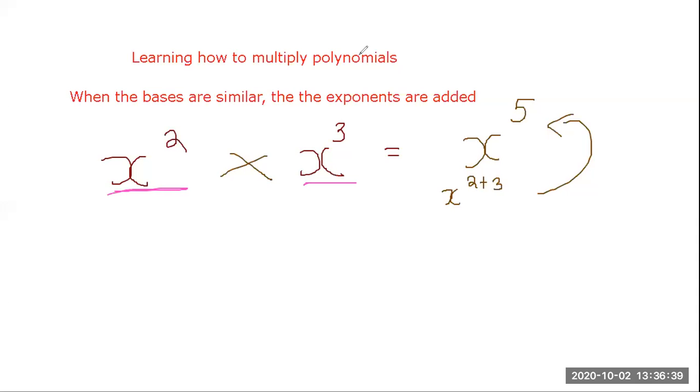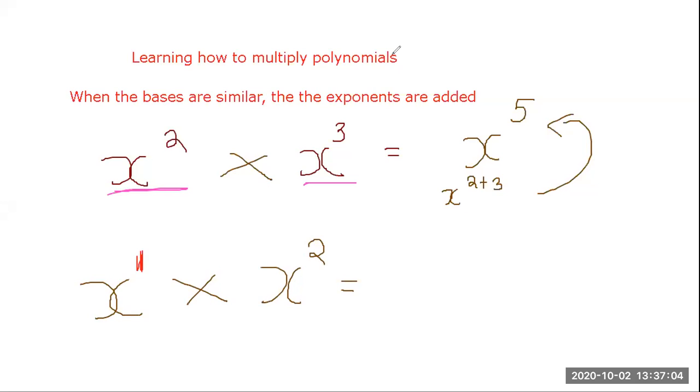Let's do one more example. x times x squared. This is technically saying x to the 1st power, I don't need to write it though. So x to the 1st power times x to the 2nd power. If this was addition or subtraction, I couldn't do anything with it because they're not like terms.